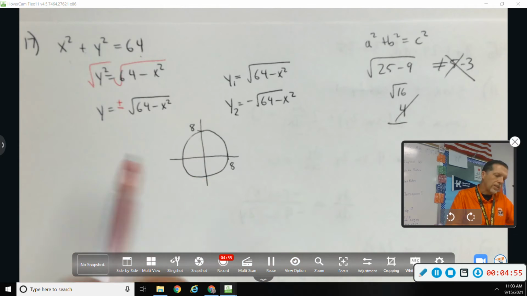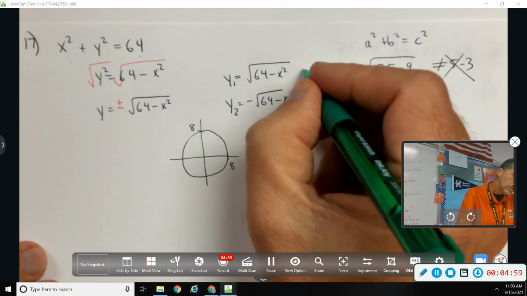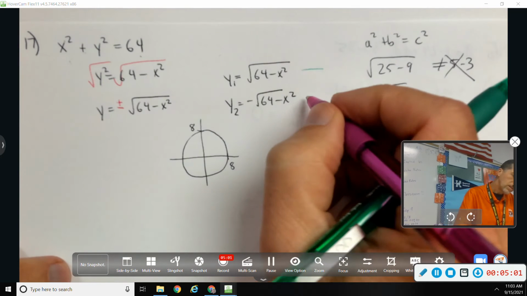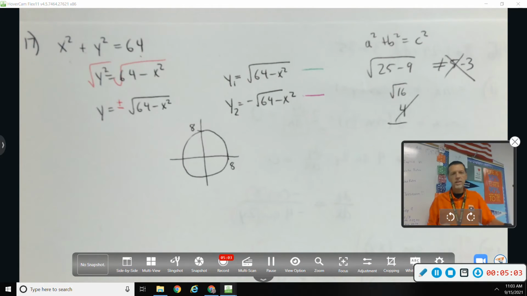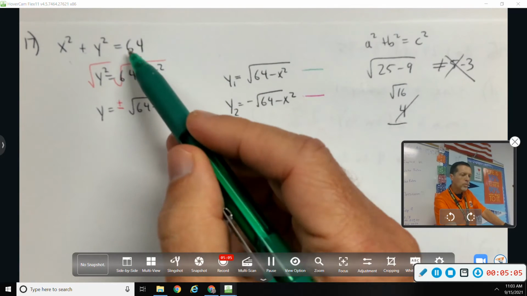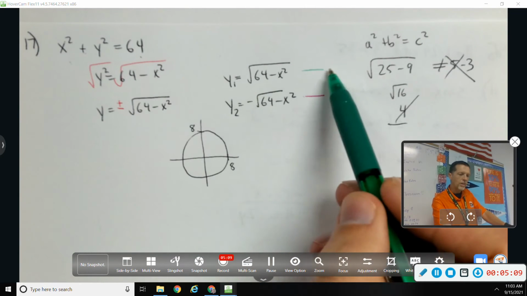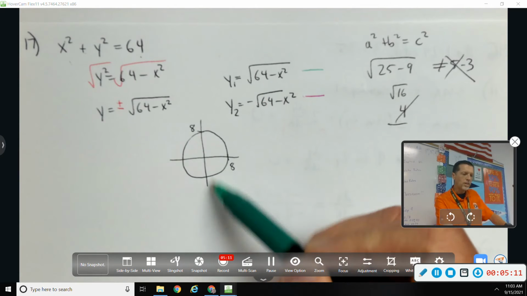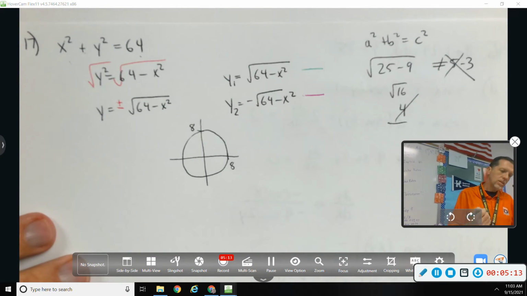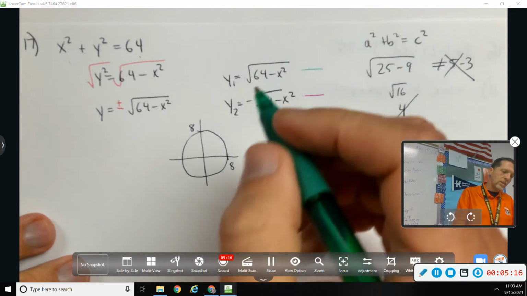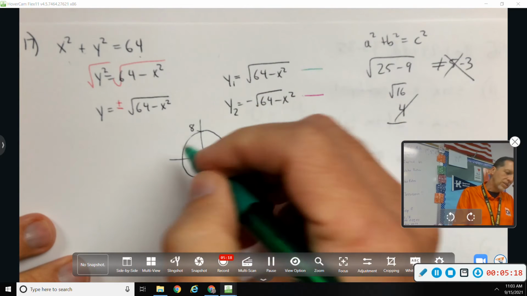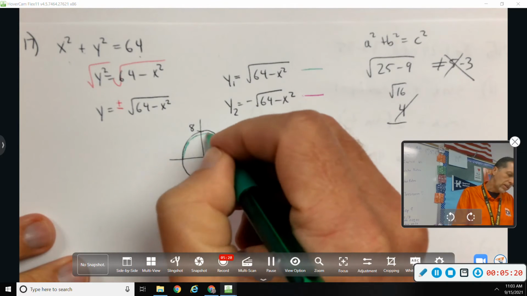So how does that compare with y1 and y2? Like, how does x squared plus y squared equals 64, that's a circle, got that, so how does this y1 and y2 end up making a circle? Well, the positive one, the y1, would be the top part.